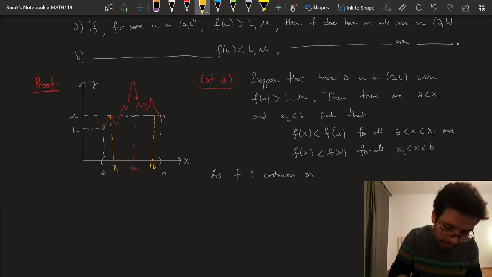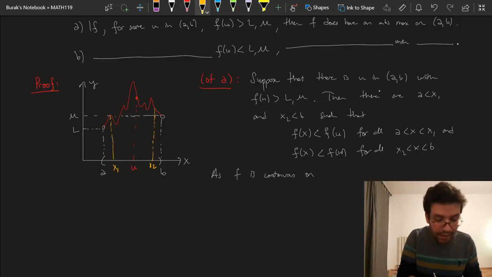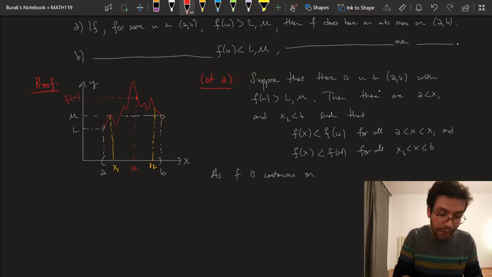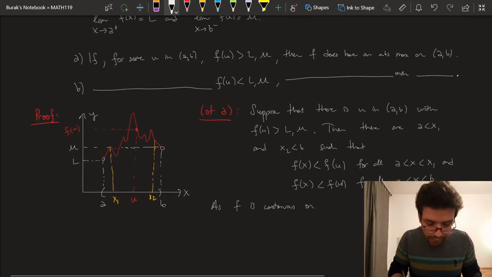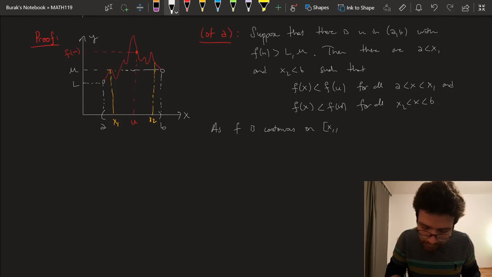This is fine, this still works. On the right of x2, the values are less than f(u), and on the left of x1, the values are still less than f(u). So f is continuous on the closed and bounded interval [x1, x2] because it's continuous on the whole open interval.